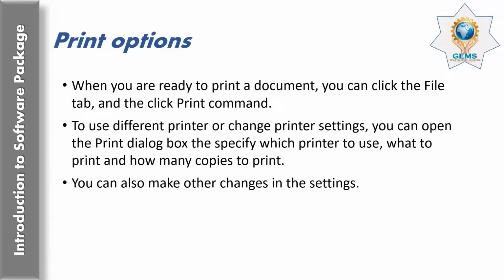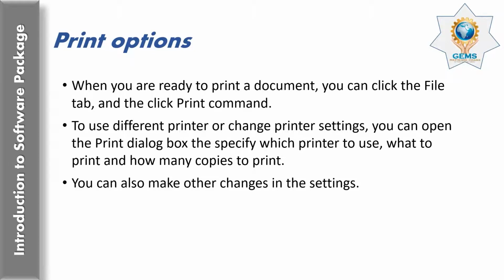Then print options. When you are ready to print a document, you can click the File tab and click the Print command. To use a different printer or change printer settings, you can open the print dialog box, then specify which printer you want to use, what to print, and how many copies to print.